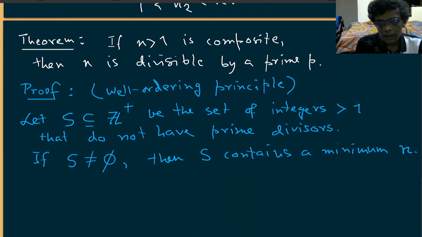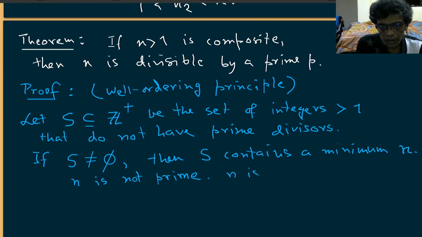Okay, n cannot be prime because if so, it has a prime divisor, namely itself. So n is not prime. So that means n is composite.